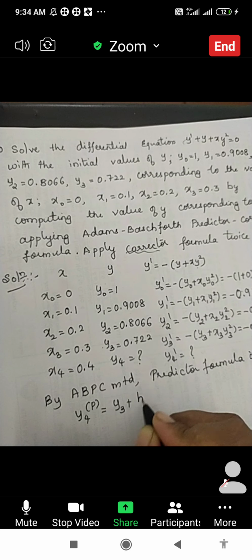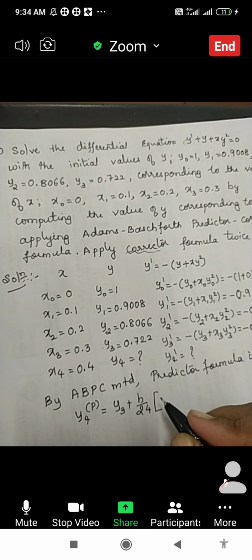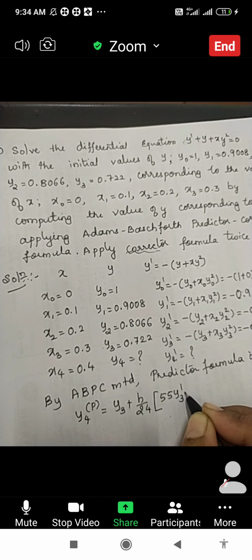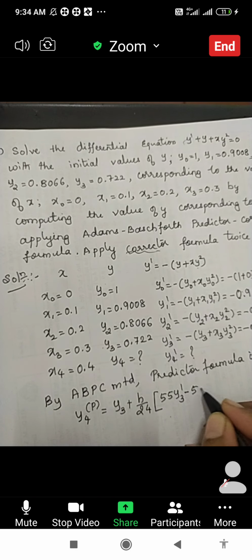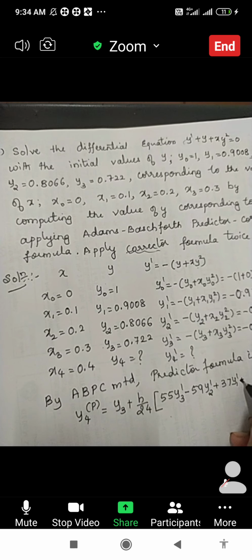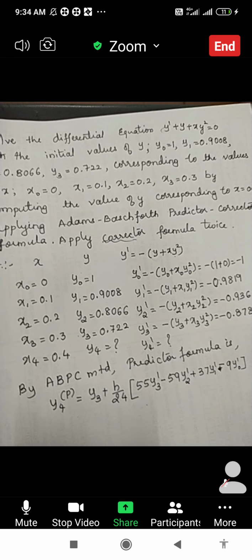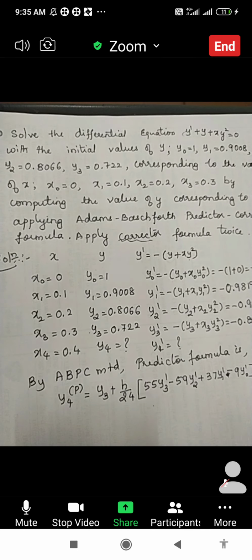Y3 plus h by 24 into bracket, 55 y3 dash minus 59 y2 dash plus 37 y1 dash minus 9 y0 dash. Same predictor formula, write it.